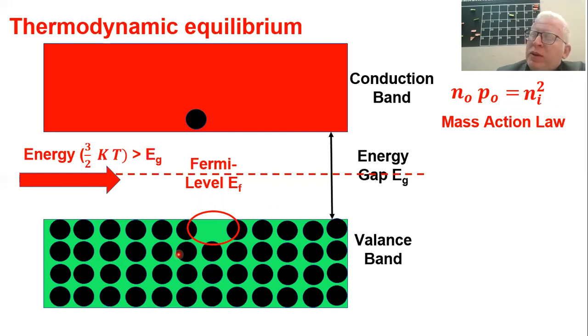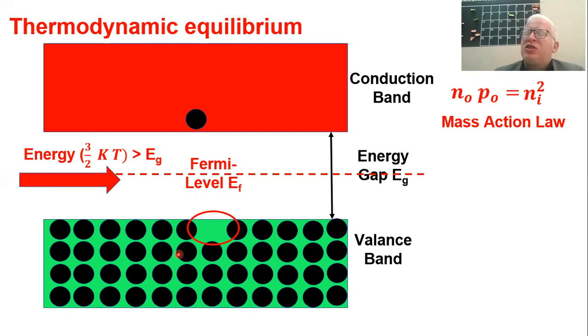What is the thermal equilibrium or thermodynamic equilibrium condition? The thermodynamic equilibrium condition is simply that this material or this device has no external applied force. Normally, external applied force in our case comes from a potential source. I mean, when you apply a potential, a bias, a voltage on the device.